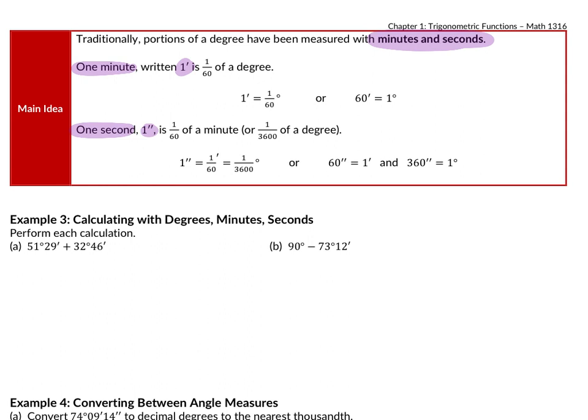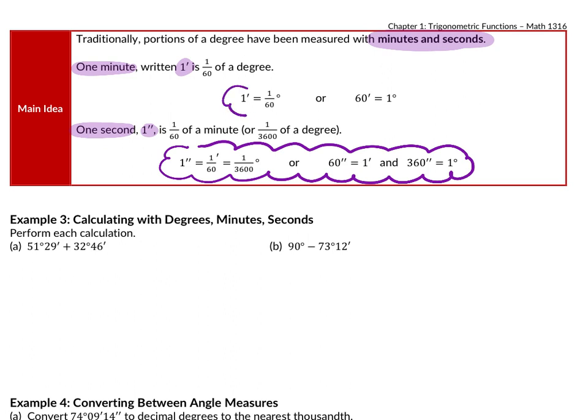So we can use these conversion numbers for minutes and seconds to convert from decimal form of a degree to degrees, minutes, seconds, and vice versa. Degrees, minutes, seconds are really nice because the degrees, minutes, and seconds will add or subtract together like normal straight up numbers.